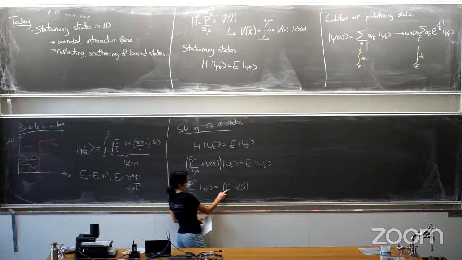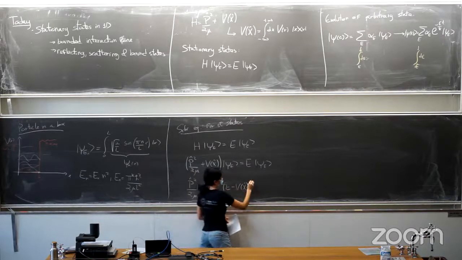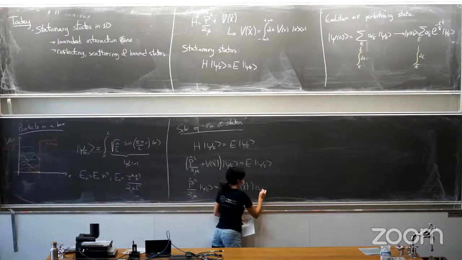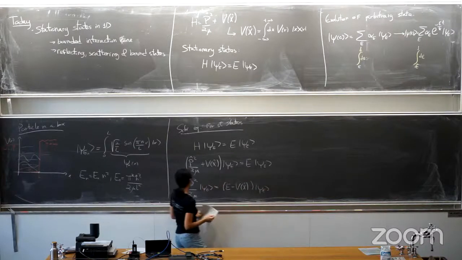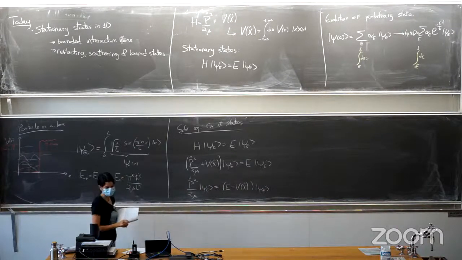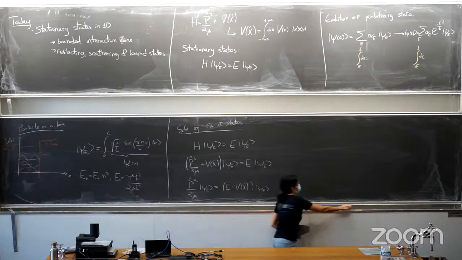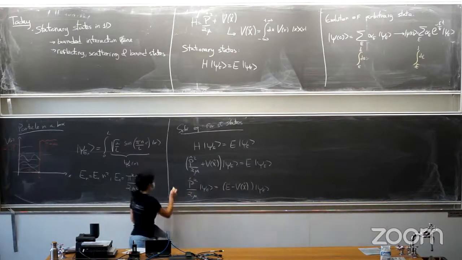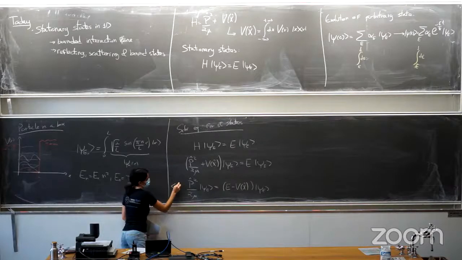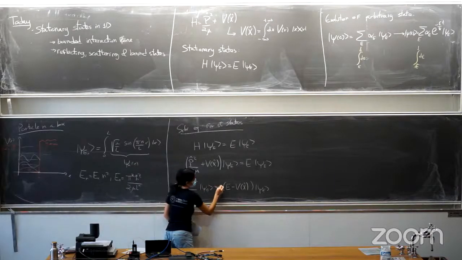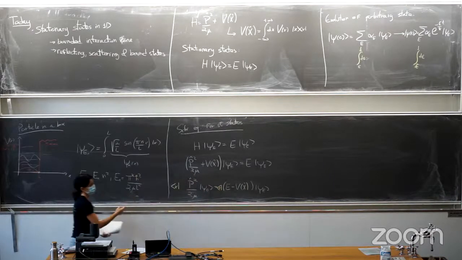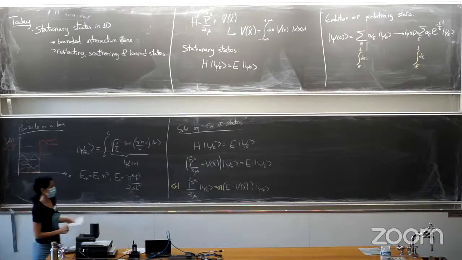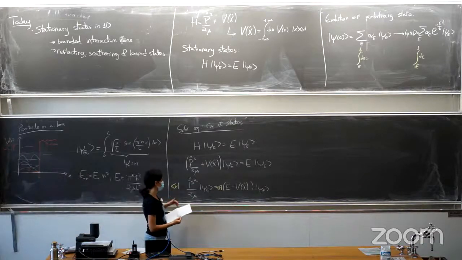Remember, E is a number, but V of x is an operator. Okay. And now, if this is true, then in particular, if we put a bra x here, this is also true. This is going to be the wave function Schrodinger equation. So then we have these two terms.